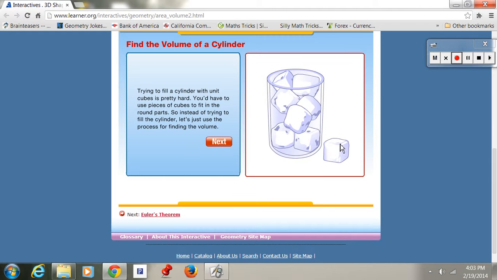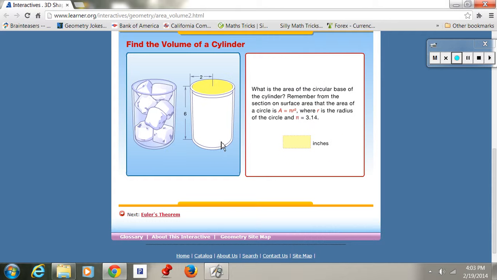So you have to focus on the process for finding the volume. The process for finding the volume of any prism or cylinder is to first find the area of the base. In this case, the base is a circle. In every cylinder, the base is a circle.